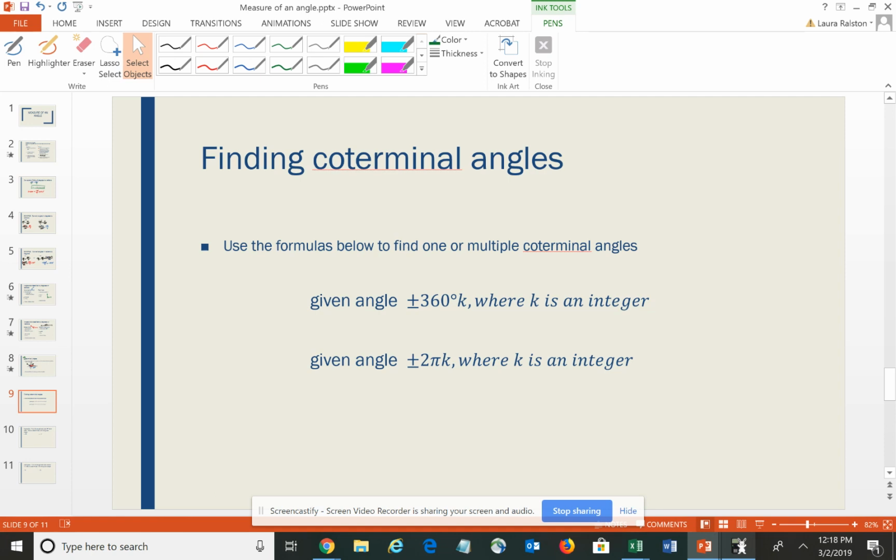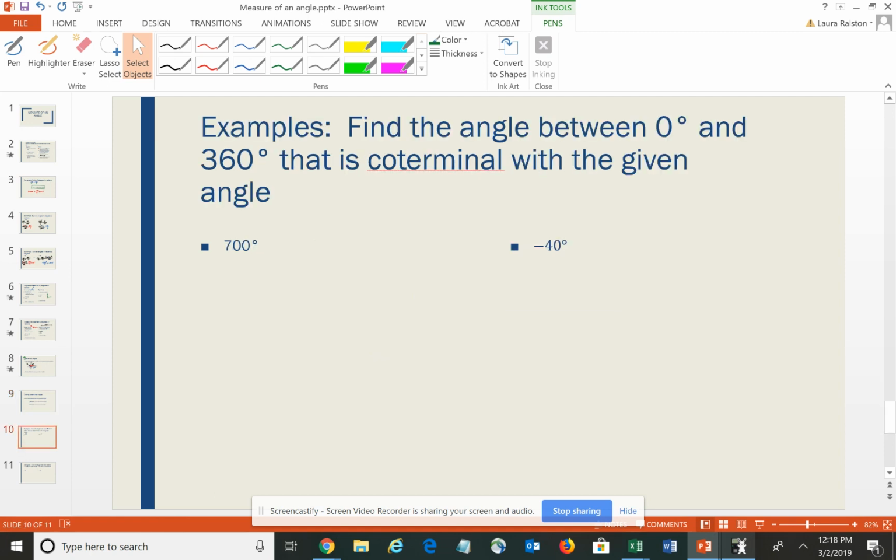You take your given angle, and then you can add and subtract 360 degrees as many times as you need, which is represented by the letter K. Or you can take the given angle and add or subtract 2 pi as many times as you need, which again is represented by K. It may also help you to draw yourself a picture of the angle so that you can get a sense of whether you need to add or subtract 360 degrees.